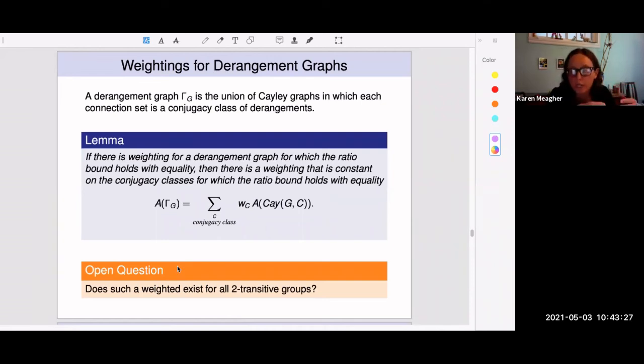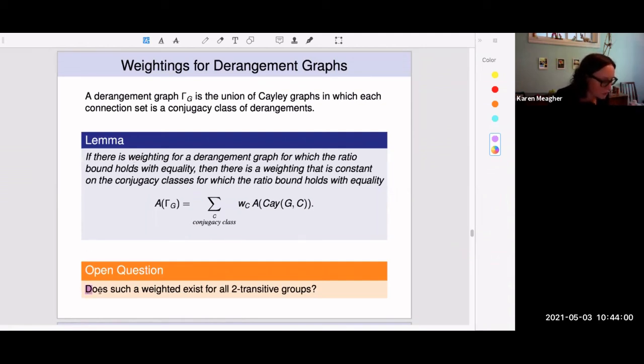And if we have a weighting where we get equality in the ratio bound, then we also have a weighting where we get equality in the ratio bound but the weighting's constant on the conjugacy classes, because we only care about the eigenvalues. The eigenvalues come from the characters. The characters are constant on a conjugacy class. So if we have a weighting that works, we can take that weighting and average it over the conjugacy class and just use that on the entire conjugacy class. So you don't have to worry about weighting individual guys, just use the conjugacy class.